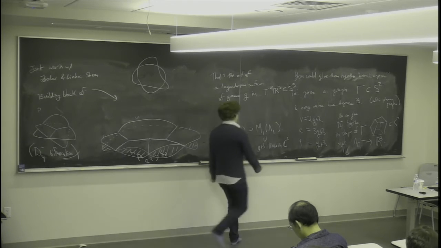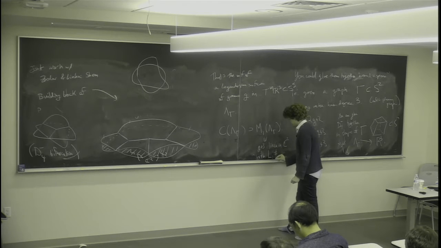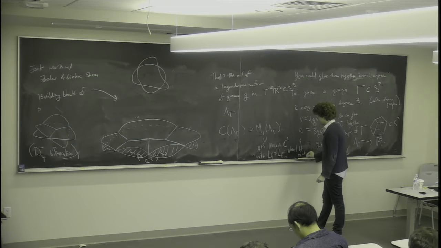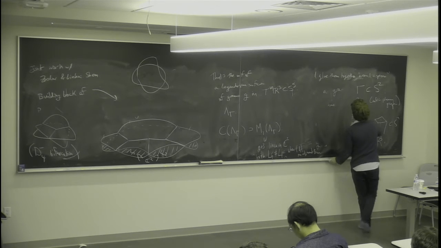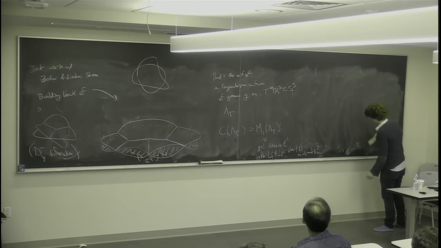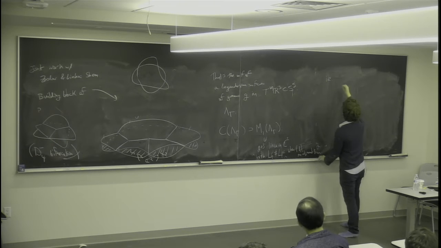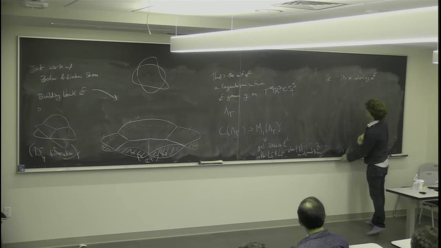Well, L_F not equal to L_F prime, when F and F prime are adjacent faces. So in other words, it's a coloring, a constructible sheaf of microlocal rank 1 is a coloring of this map.